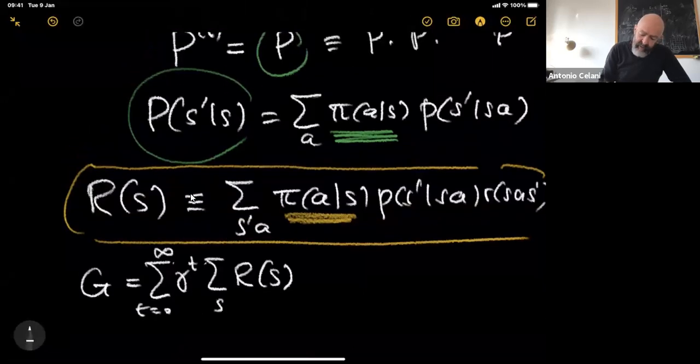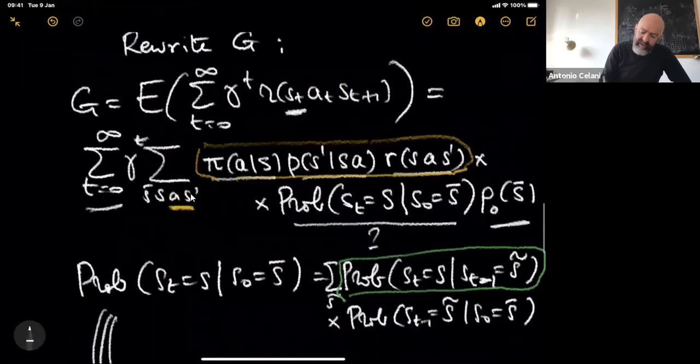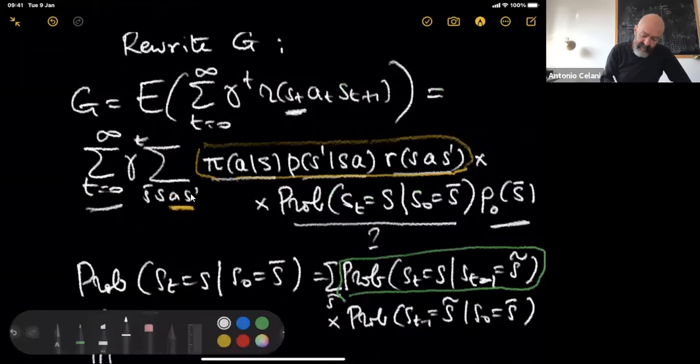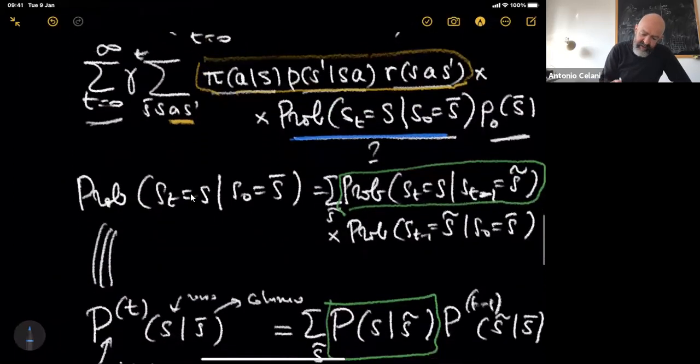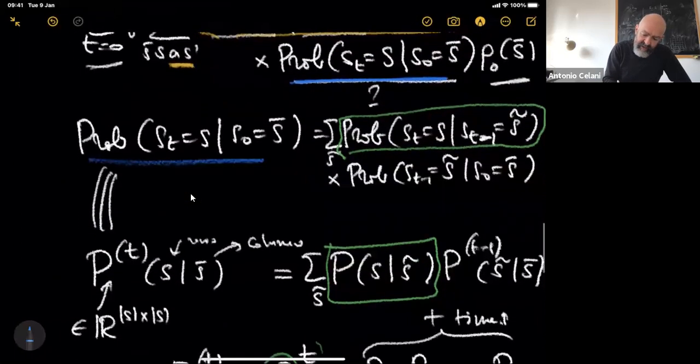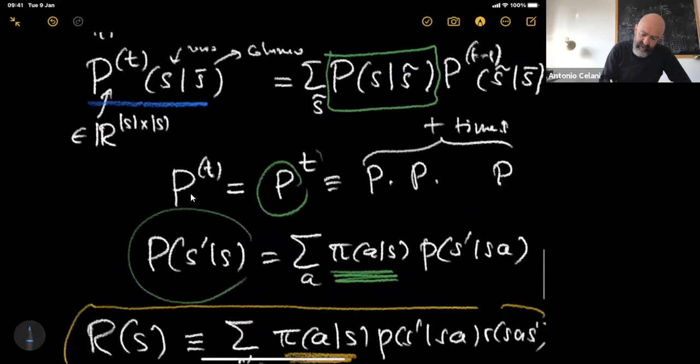Okay, so this is my reward, and then I have this transition probability that I'm going to put in blue, which is the same that is here, and the same that is here. Therefore, it's the product of these p's.